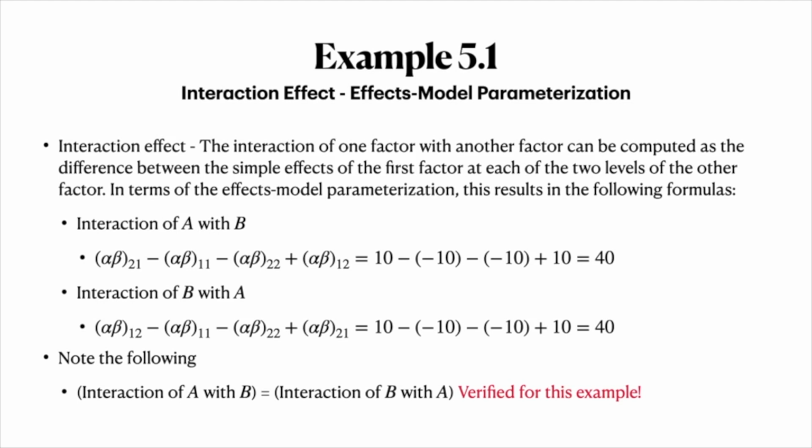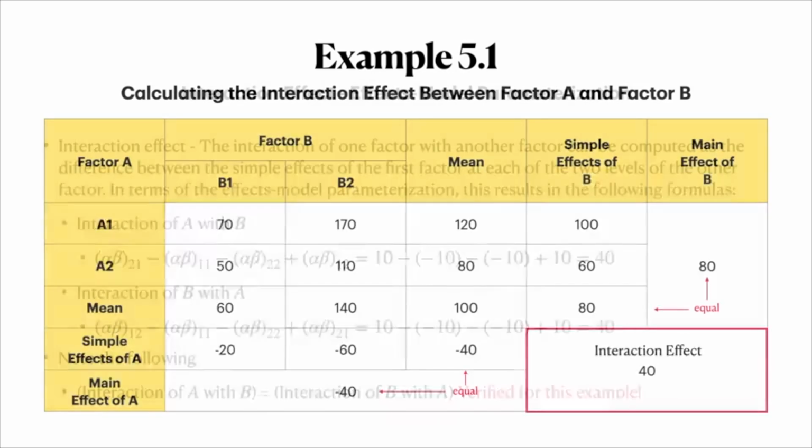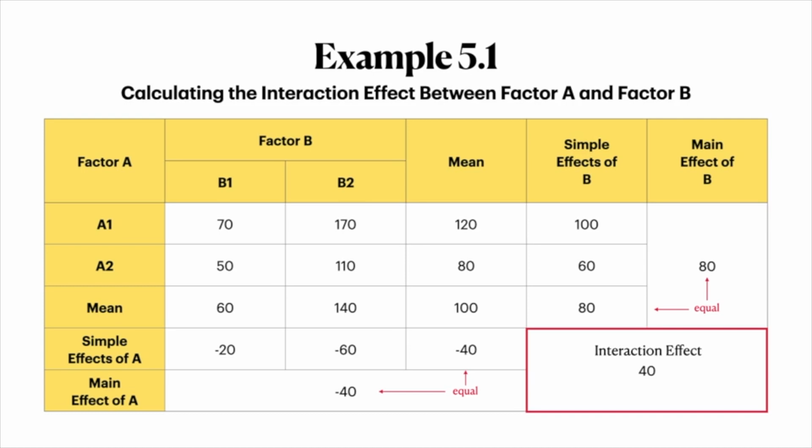And so again, using these two expressions, we have verified numerically in this example that the interaction of A with B is the same as the interaction of B with A. The interaction of A and B, which we could also call the interaction between factors A and B, in this particular situation is equal to 40.